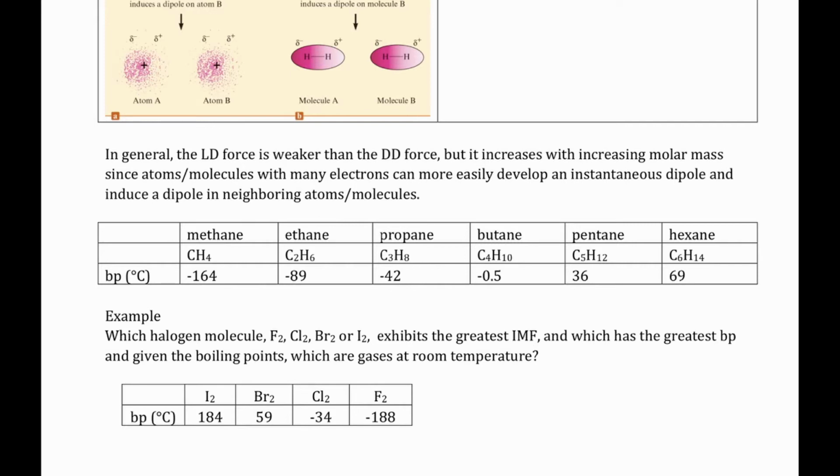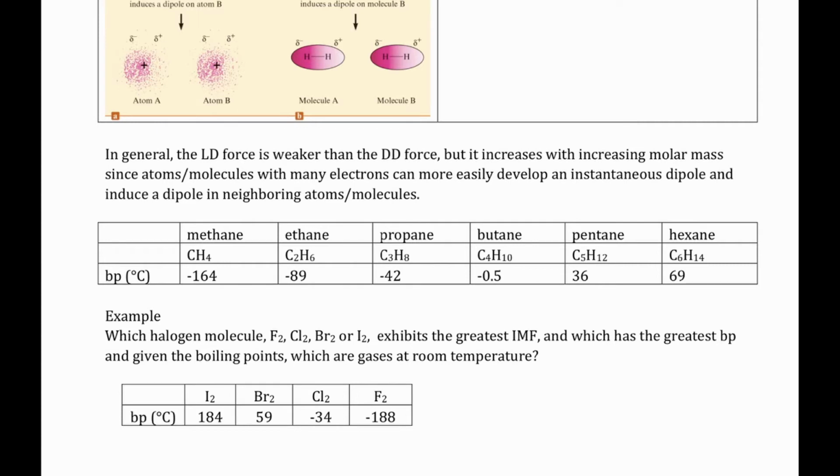We go to propane. We have 3 carbons, of course, 8 hydrogens. So we're getting higher molar masses, we're getting just bigger molecules, more electrons. The electrons can more easily slosh about and create the London dispersion interactions between them. The boiling point has gone up more.